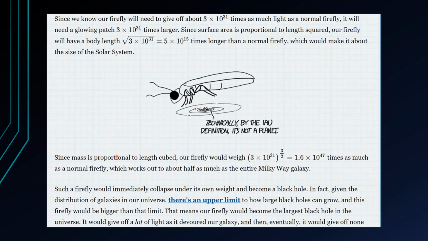Excuse me, I need to refresh myself on this. So this portion is asking, if we had just a single giant firefly as bright as the sun, how bright would it be? And this single giant firefly would be larger than our solar system. So nuclear fusion is very efficient and very bright.